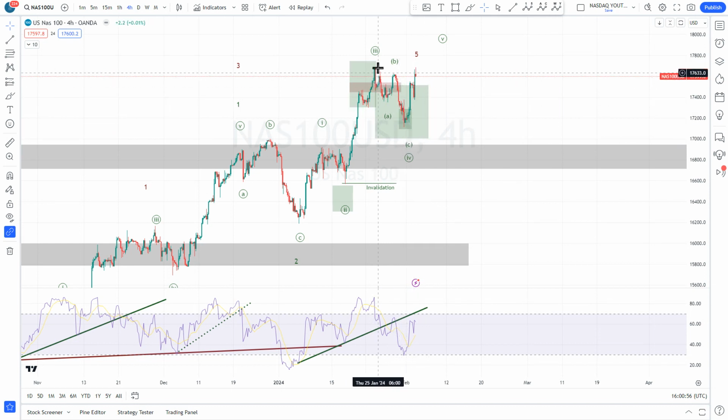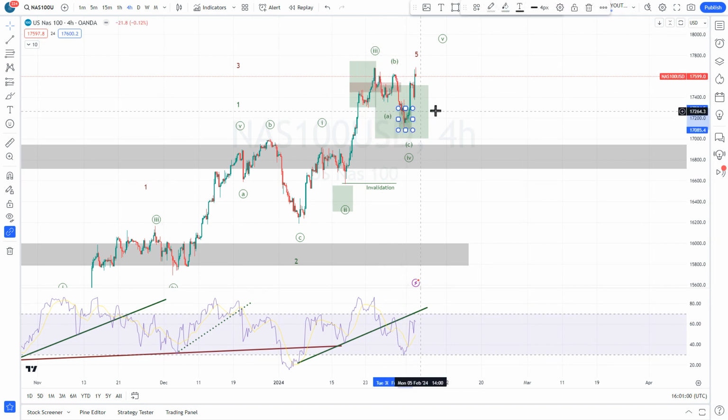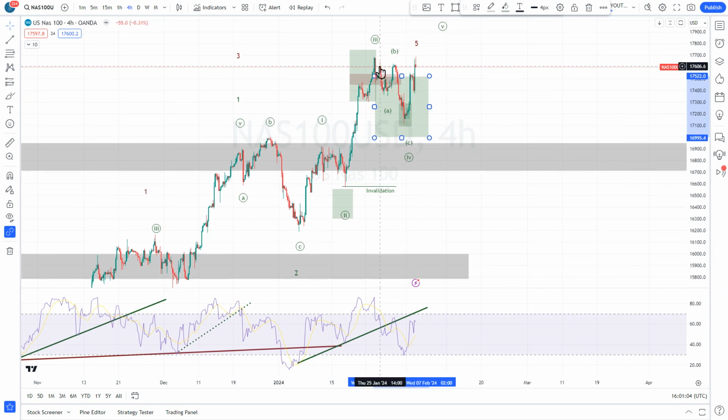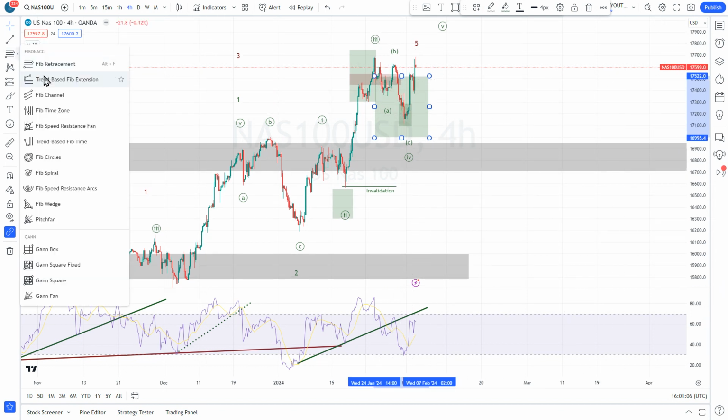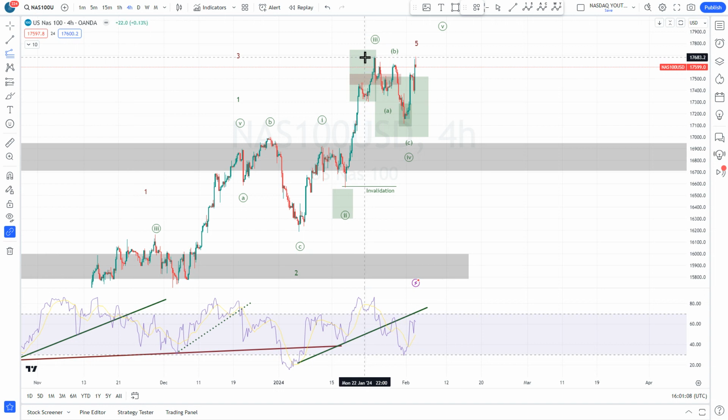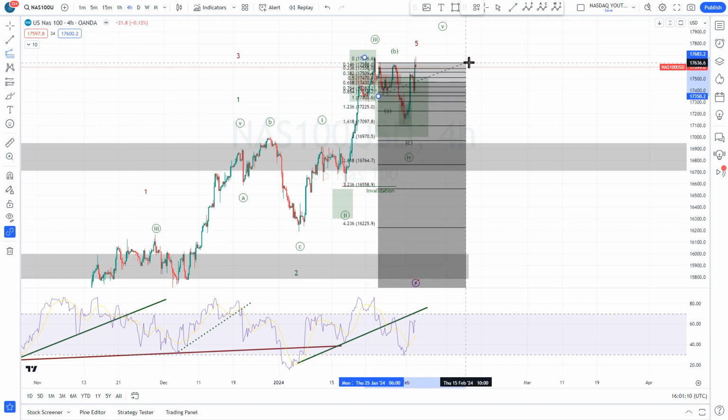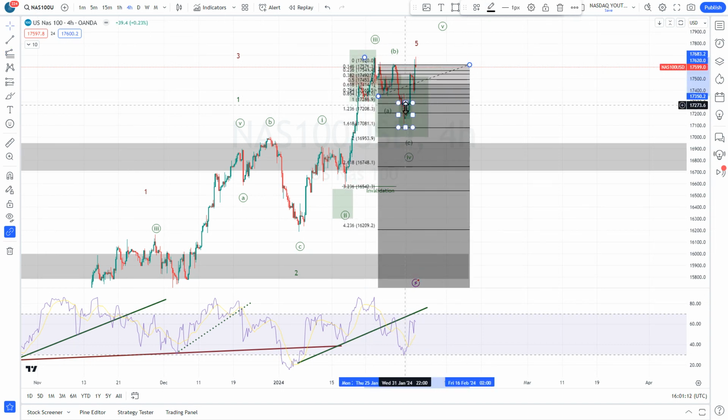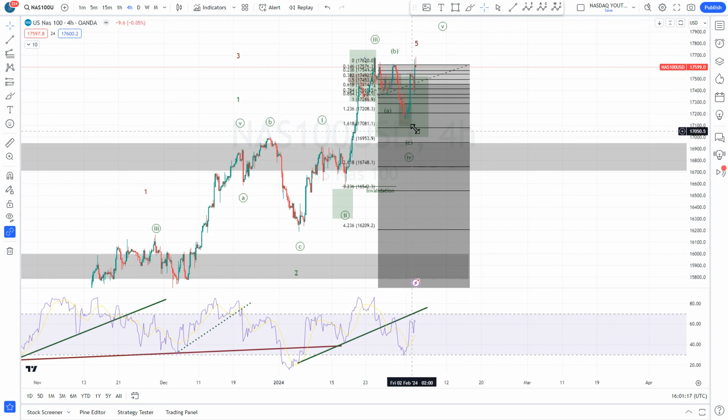And then from this A, B, C, we reacted nicely from the wave 4 area, also from the equal leg area. If we take the length of the wave A, the length of the wave B, the area between the 1 and the 1.618 Fib extension is the area from where we can expect reaction, and this is also what happened, reaction up.